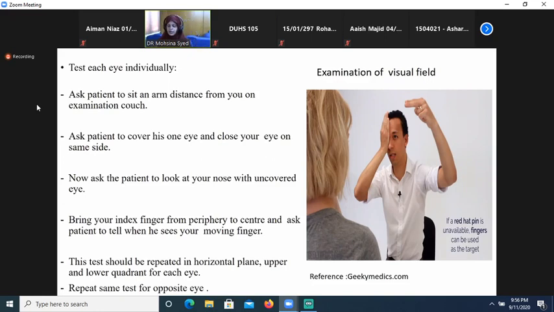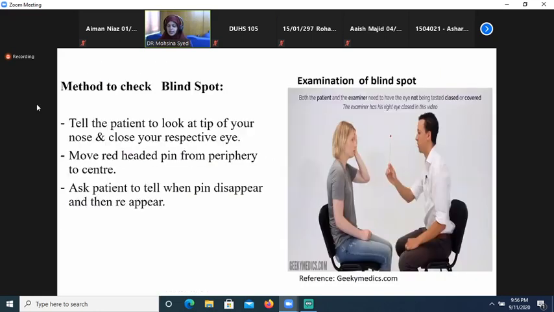Now, the assessment of the blind spot. For the blind spot, again, the patient and the examiner should be sitting at an arm's distance, and ask the patient to look at the tip of your nose and close the respective eye as you did in the visual field examination.